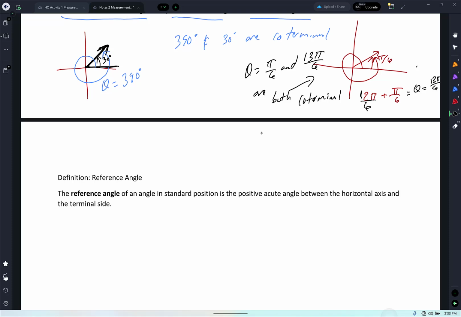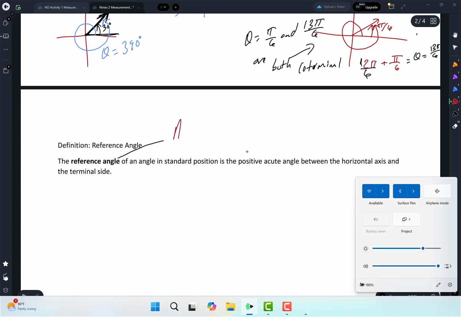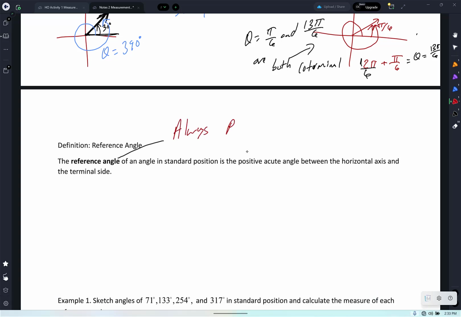Reference angle. Your reference angle is always, always positive. Always acute, always positive. The reference angle of an angle in standard position is a positive acute angle between the horizontal axis and the terminal side.